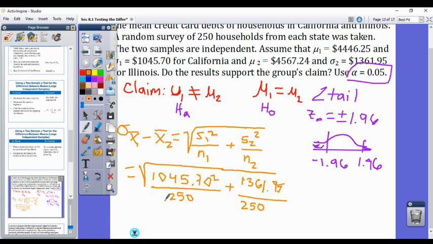If I plug that into my calculator, I'm going to get about 108.598.